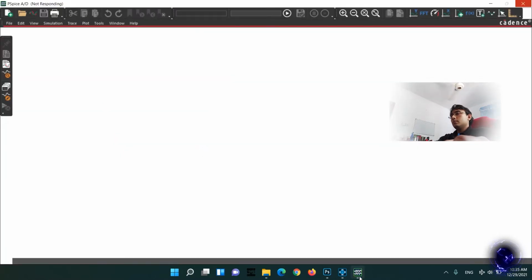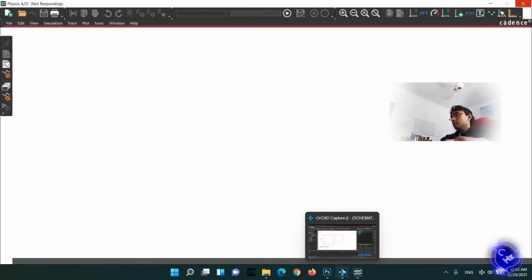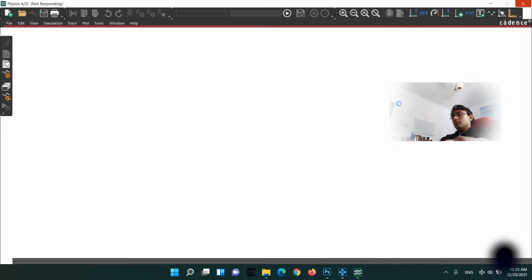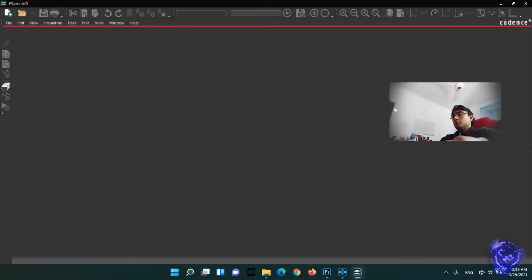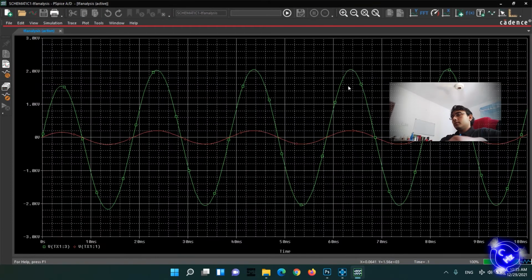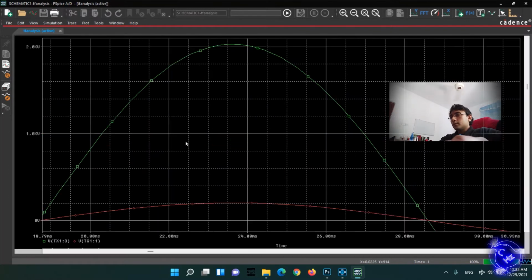Now let's see. Yes, now the first part we can omit because of those inrush currents and those things, it somewhat differs from the practical, from the other values.